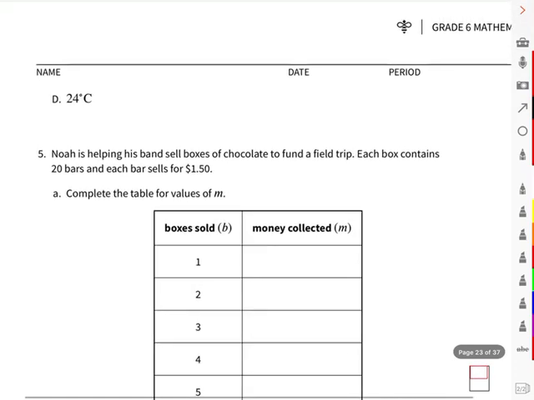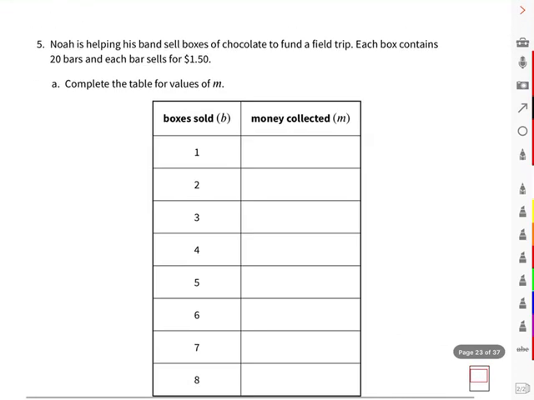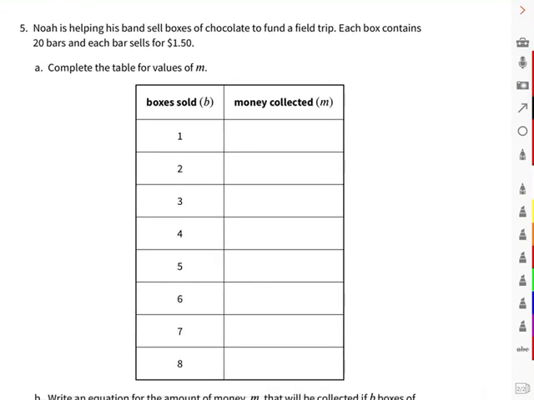All right, for 5, Noah is helping his band sell boxes of chocolate to fund a field trip. Each box contains 20 bars, and each bar sells for $1.50.